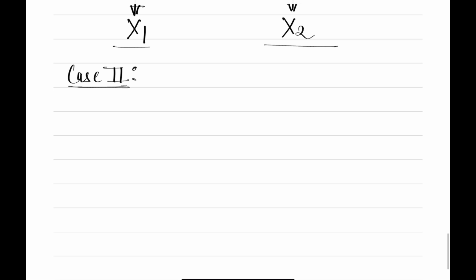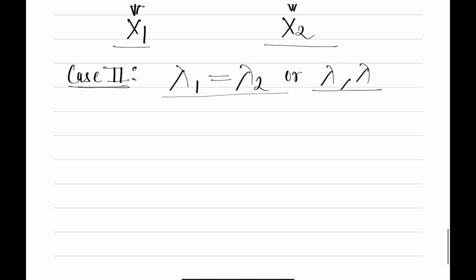Now we take case 2, where lambda 1 is equal to lambda 2, or we have the same eigenvalue, like lambda, lambda, or lambda 1 is equal to lambda 2. In both cases they are the same. So we have two eigenvalues, and the two eigenvalues are repeated.